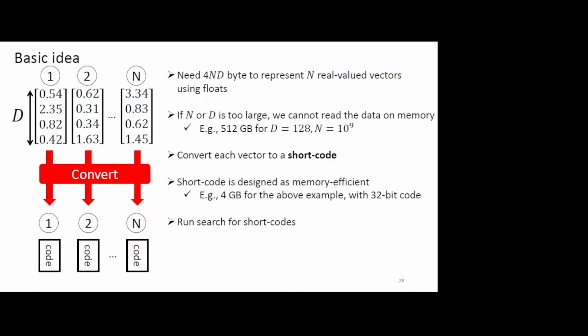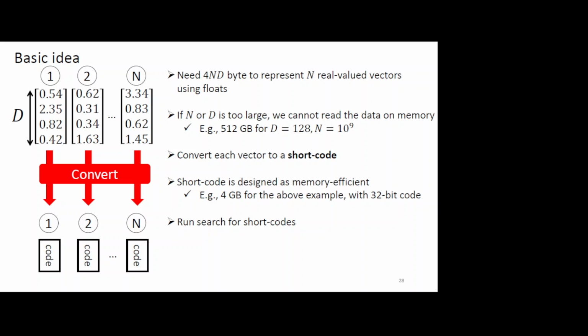So the idea is we can convert each vector to a short code. For example, we can use only 32 bits, that is 4 bytes, to represent each original vector.